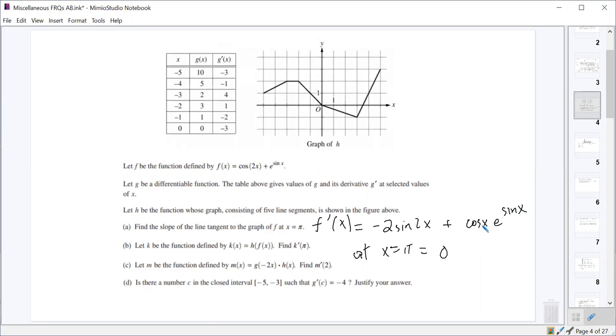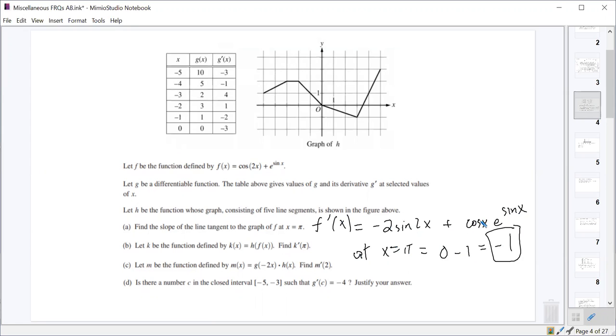And the cosine of pi is negative 1 times e to the 0. It should be negative 1 times 1, so that should be 0 minus 1, or negative 1. Good? Everybody good with that?